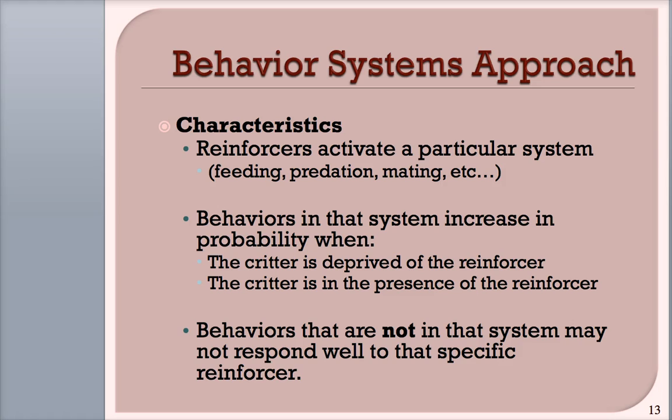So it's very clear that when you present the reinforcer, you're going to get certain behaviors out of the animal that will be easy to manipulate, but it'll be hard to manipulate behaviors that are not in that system. Behaviors that are not in that system are not going to respond very well to those specific reinforcers.